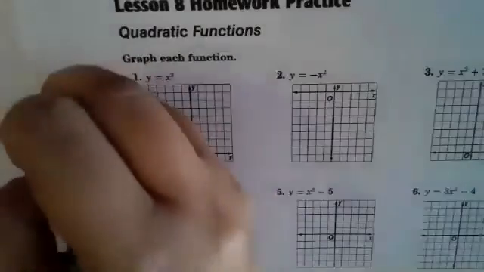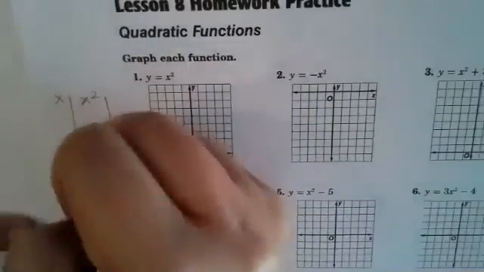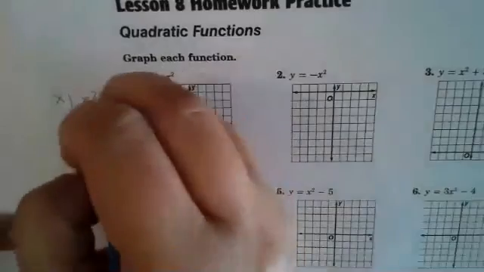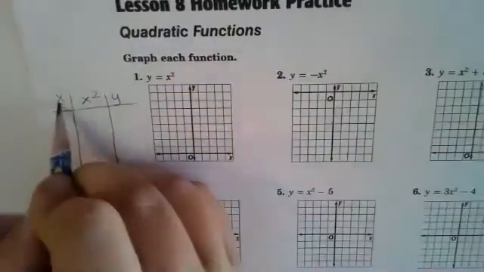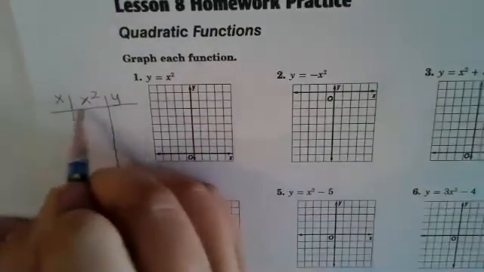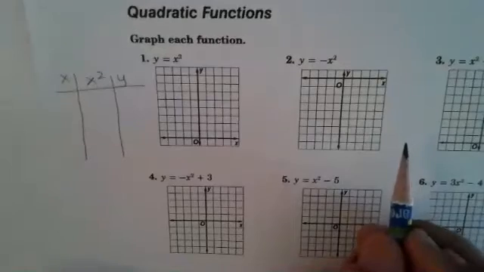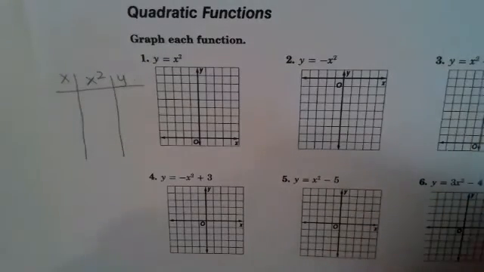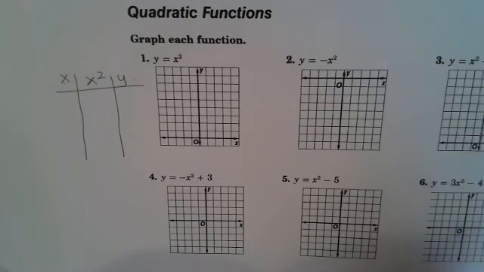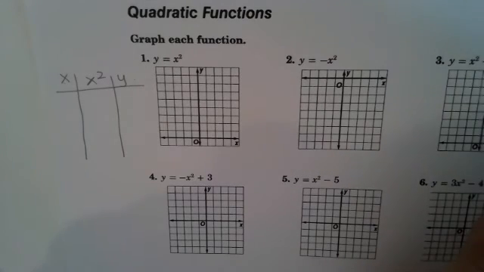So for a function table, I would have x, the formula in the middle, and then y. This is input, this is output, this is what's happening. Now, due to the fact that these are quadratic functions, I always want to use the opposite of the numbers that I chose.